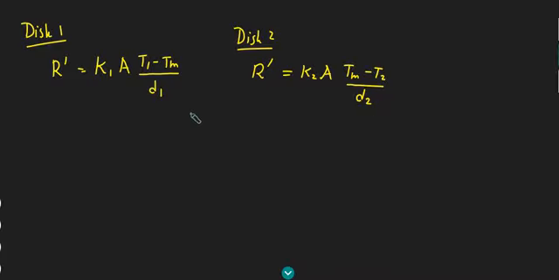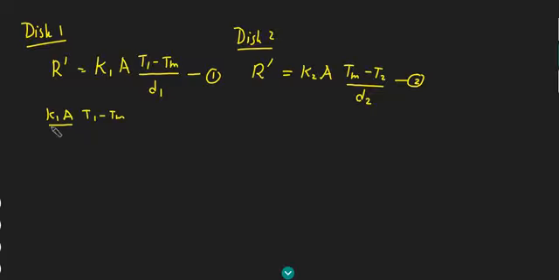Now you can see both equations, the left hand side is the same. So I'm going to equate the right hand sides of these two equations. Let me call this equation number 1, and this equation number 2 for simplicity. So from 1 and 2 I'll have K1A divided by D1 times, within parentheses, T1 minus Tm.